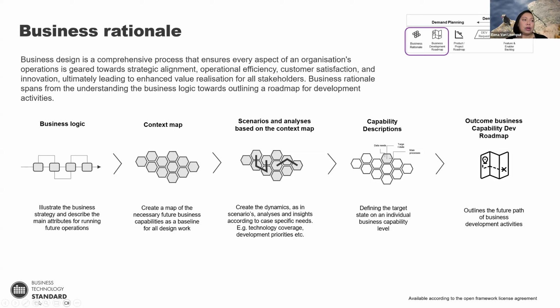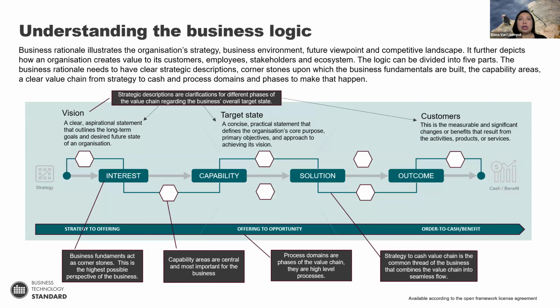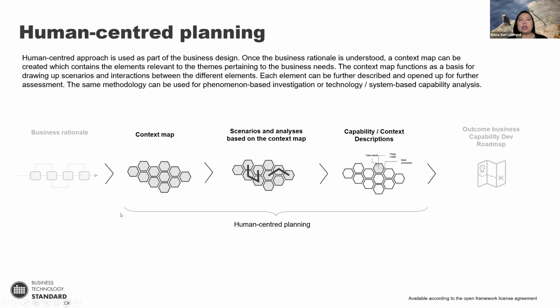So if I show you now how that goes, if I go here, that is what the business logic would look like. And here you can see that this approach is actually a human-centered planning approach, which comes from the BTS standard and shows how you can easily engage your business. And this is a key thing here.